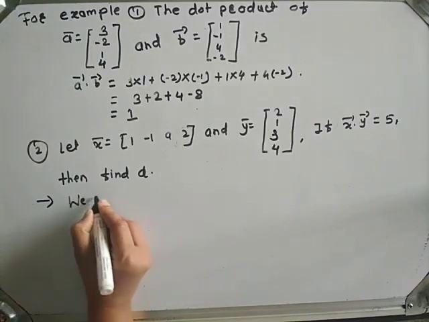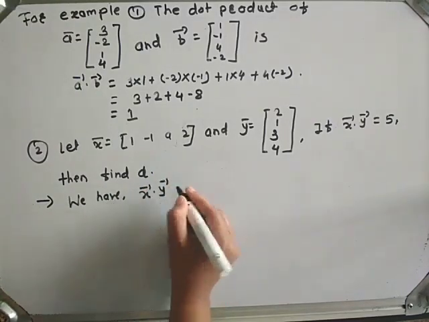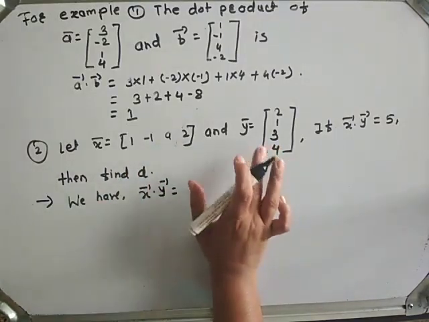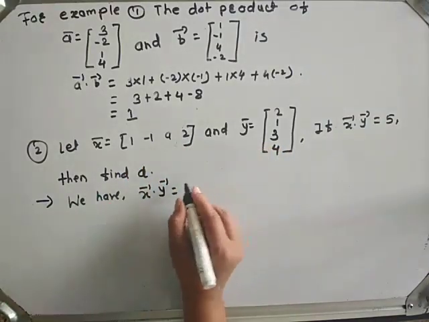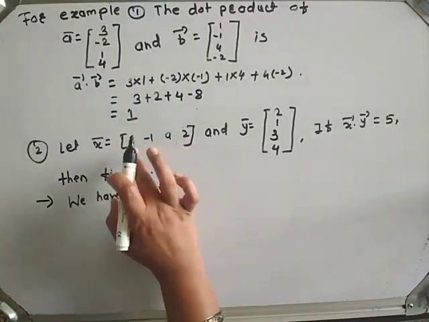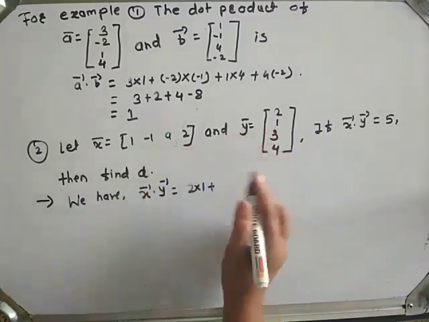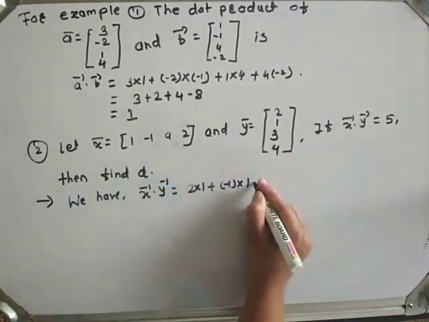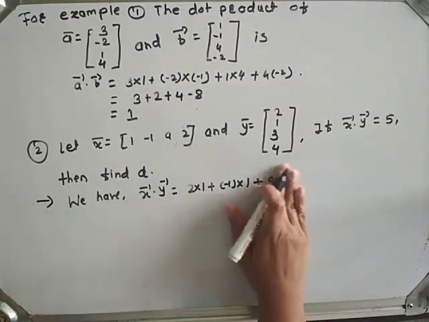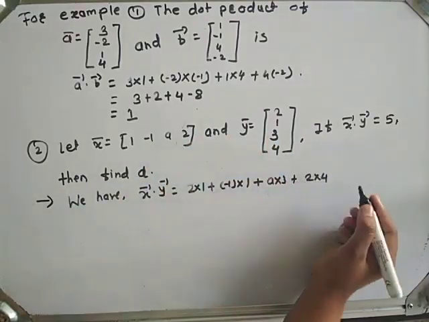We have x bar dot y bar. By definition, it is the sum of the products of corresponding entries, that is 1 into 2 plus minus 1 into 1 plus a into 3 plus 2 into 4.